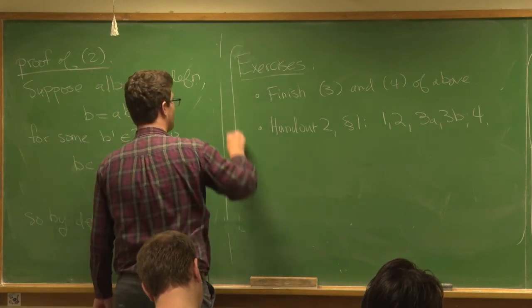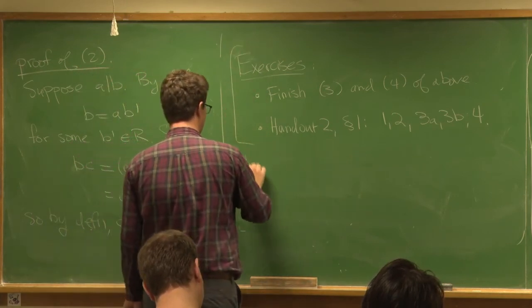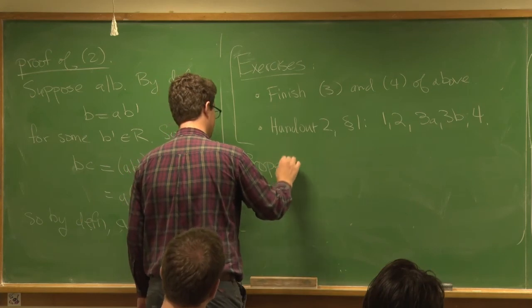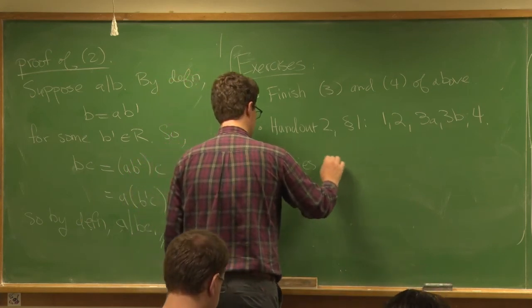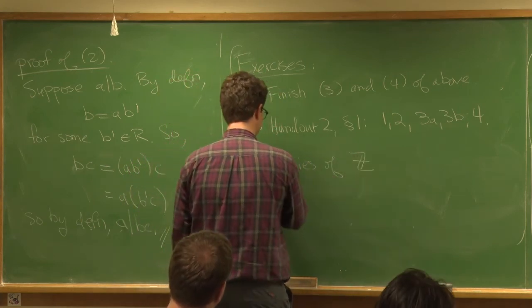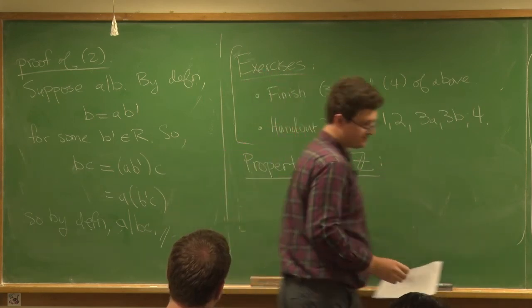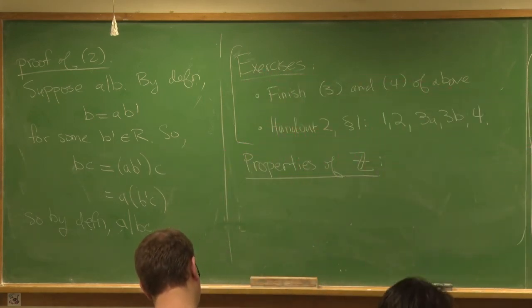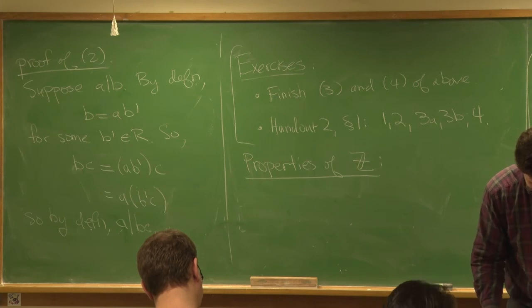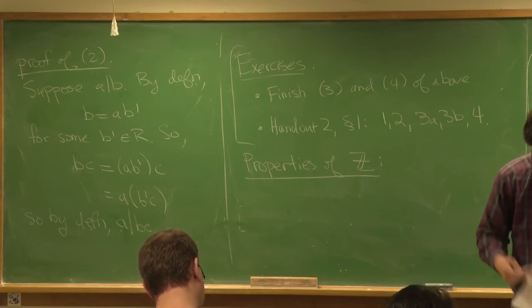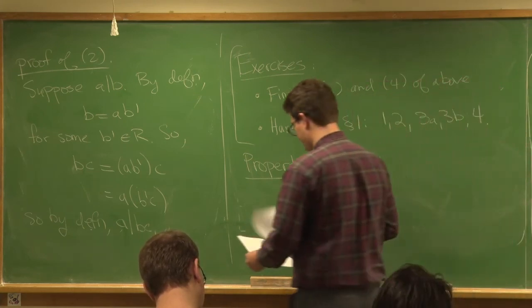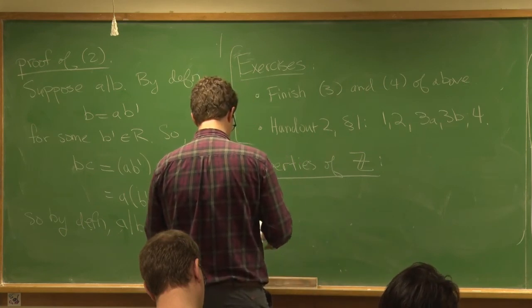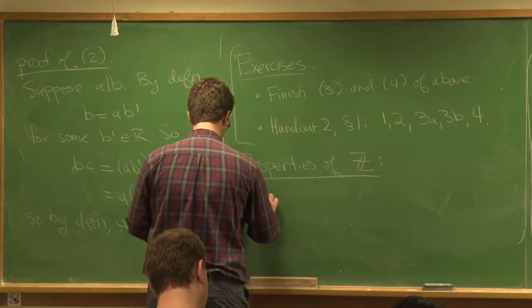And for these exercises, there are some properties of the integers Z that you need. I have them written down here, and we'll talk about them a little bit more later. So the properties of Z are the following.